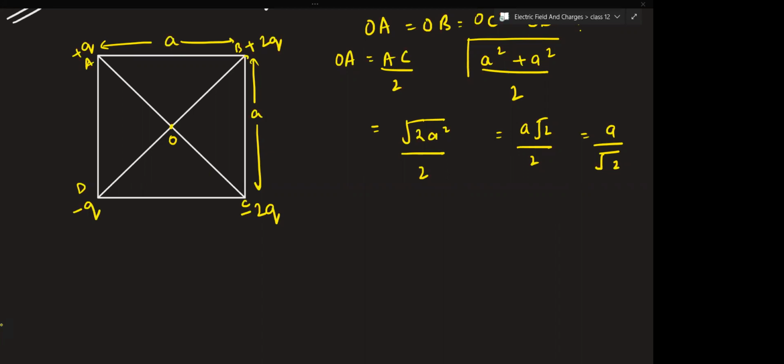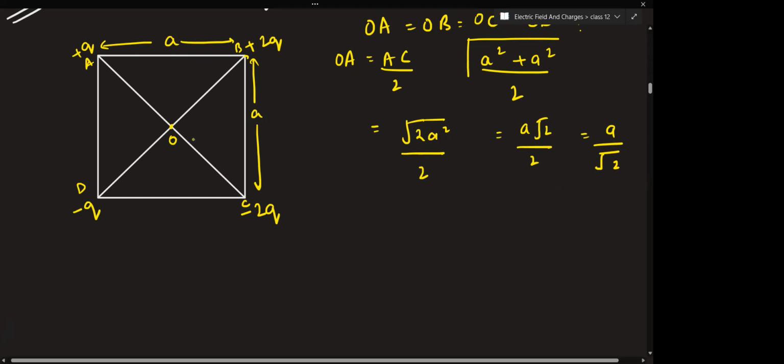All right, see, for A point plus Q, the direction will be away. So at point O, for this plus Q charge, away means in this direction. This is EA.